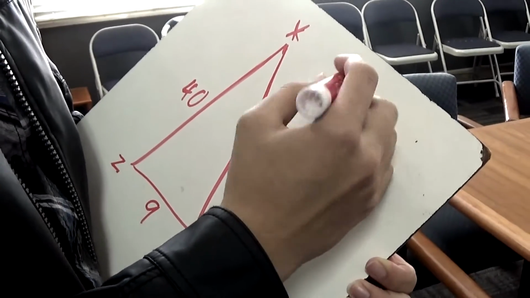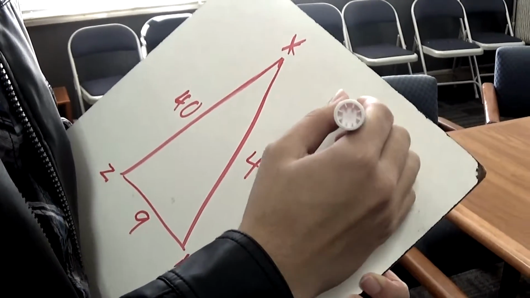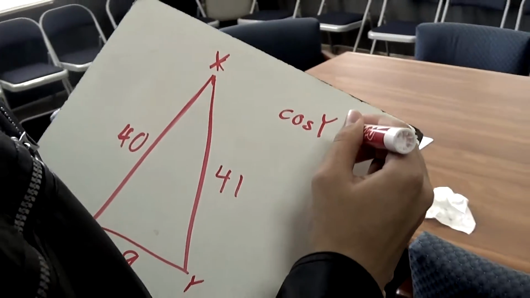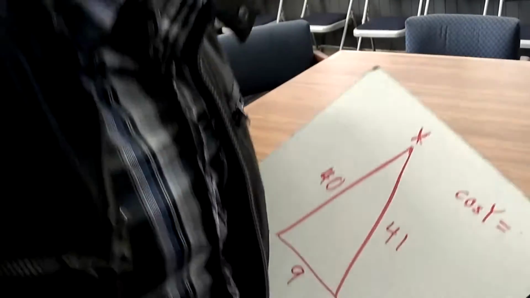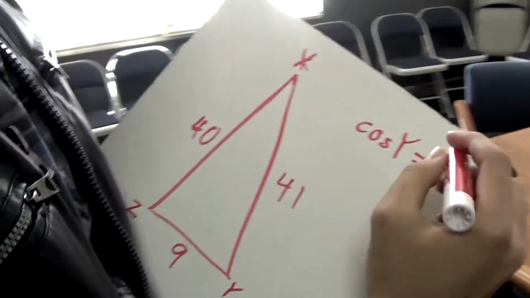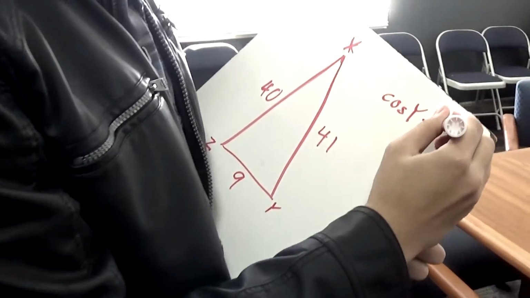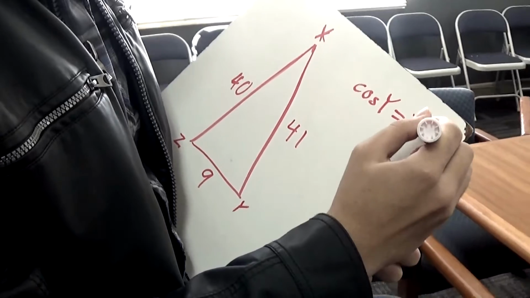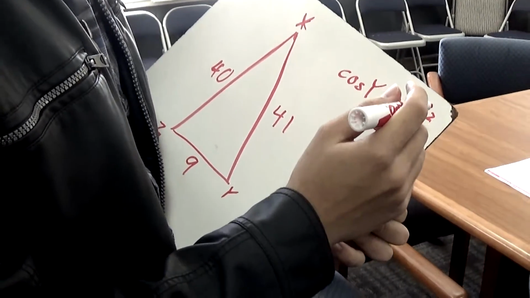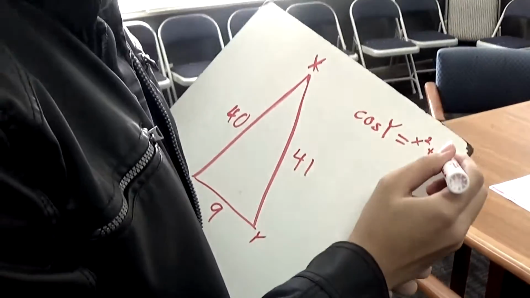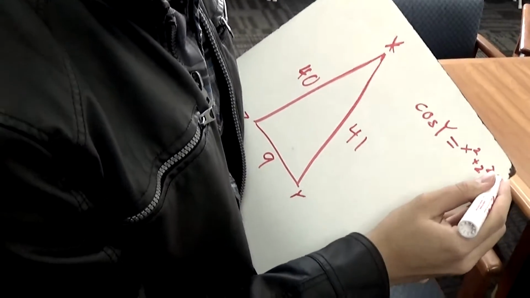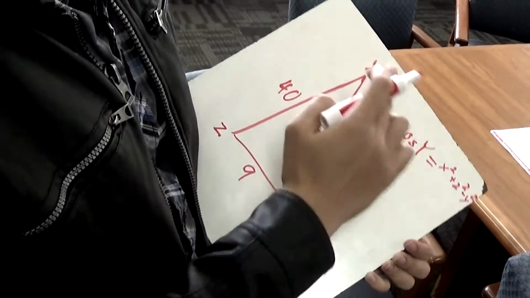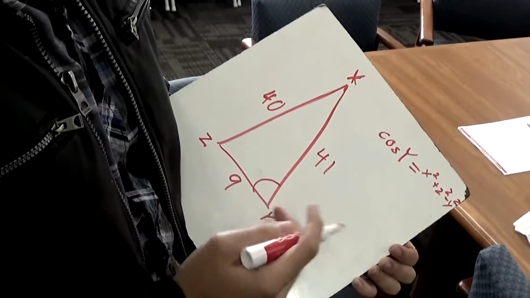So I'm going to start by writing the equation. X squared plus z squared minus y squared. This is the law of cosines. But we're changing it for this equation since this is x, y, and z, and we're trying to find angle y over here.